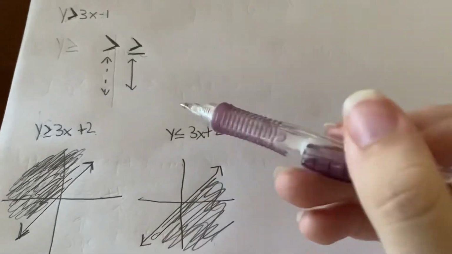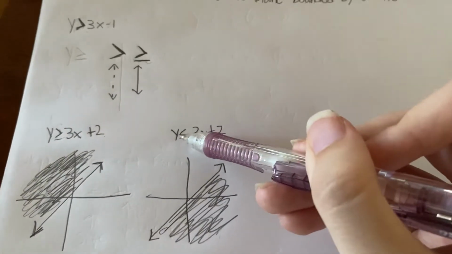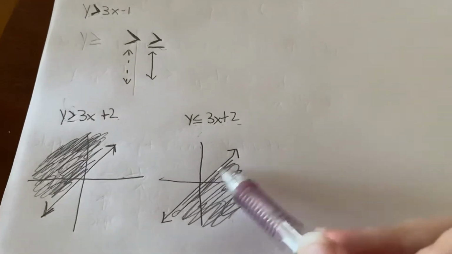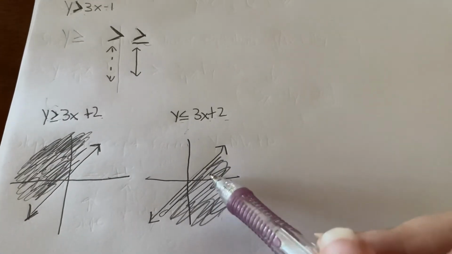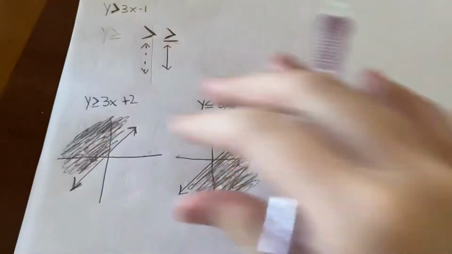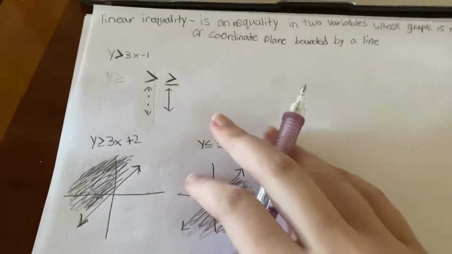Now, for this one, it is y is less than or equal to 3x plus 2. You would have a solid line and you would shade at the bottom because it is less than, if that makes sense.